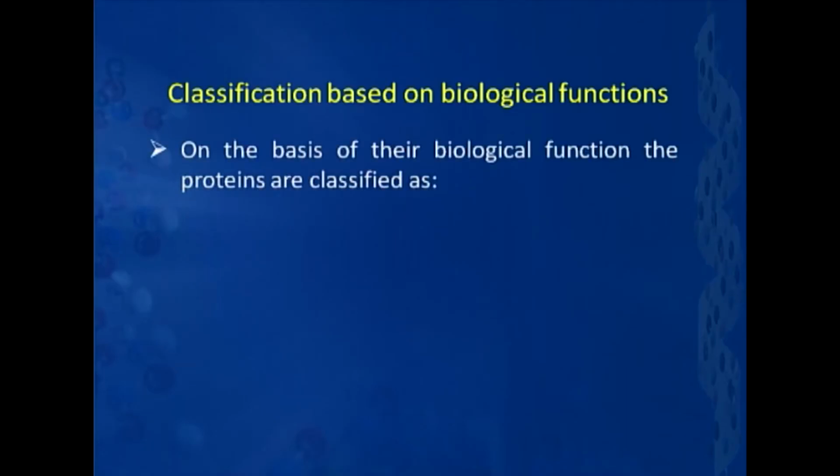Okay, let us move a little further and see how we classify proteins on the basis of the biological function they conduct, because we did make a mention here that proteins probably are the most important biological molecules, because they perform the widest possible range of biological functions, and just for the sake of it we categorize them. On the basis of the biological function the proteins could be classified as follows.